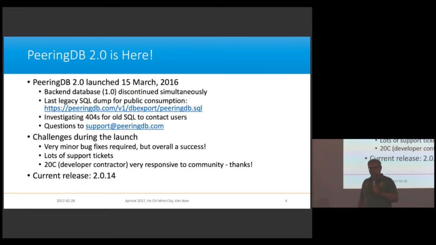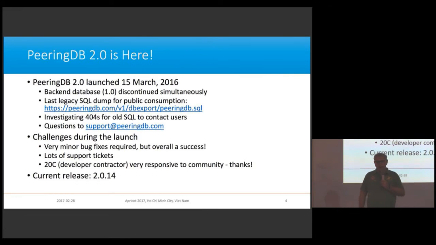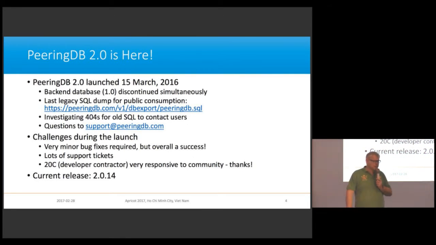Now it has a new, really shiny interface with a lot of new features. In between, we also did a couple of updates. The current release is 2.0.14, and the plan is to more or less do an update every month with new features and bug fixes.